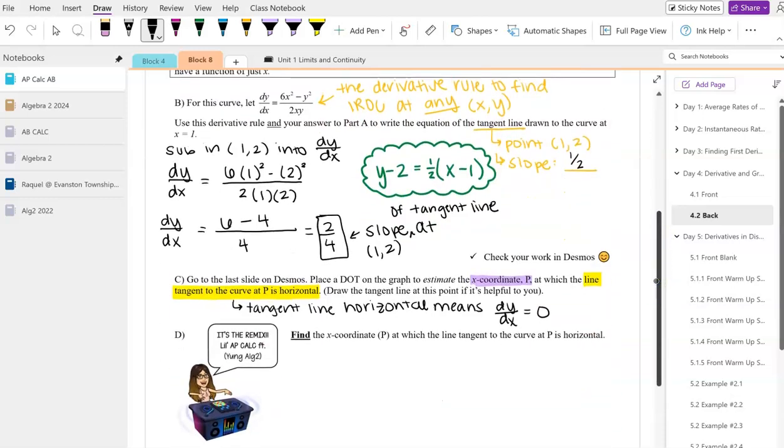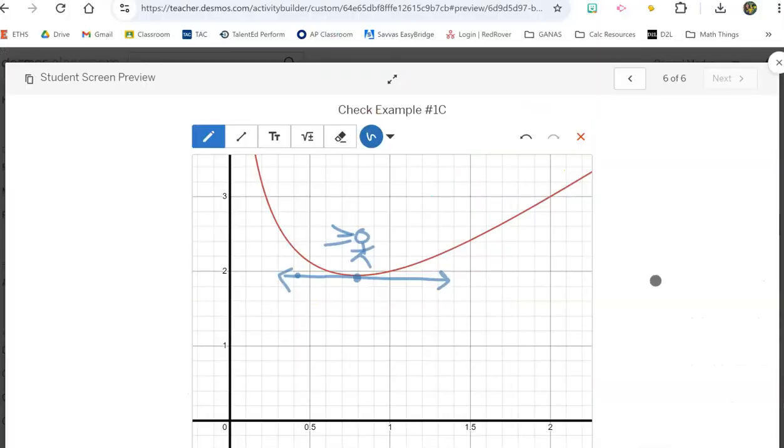So I have dy/dx equals (6x squared minus y squared) over 2xy, because remember, our goal is to figure out what this x coordinate is. And we're using the information that we know that dy/dx equals 0 at that point.